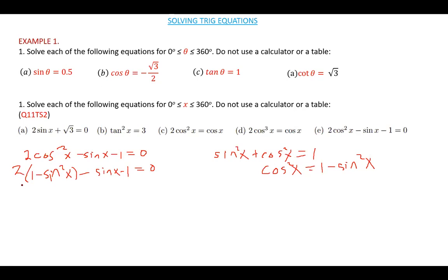Then you just open the brackets here. 2 times 1, you are going to have your 2 there. And then 2 times negative sine squared x, you get your negative 2 sine squared x. And then minus sine x minus 1 is equal to 0.